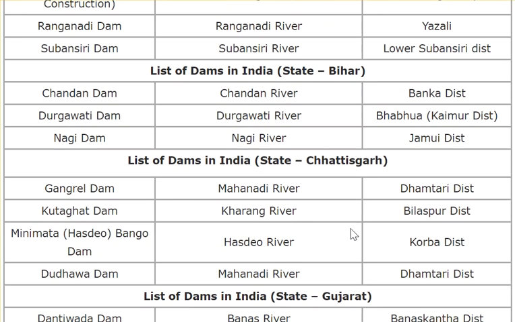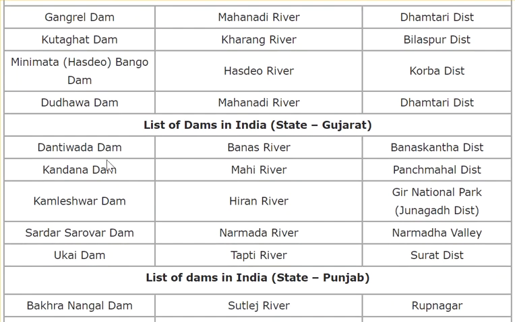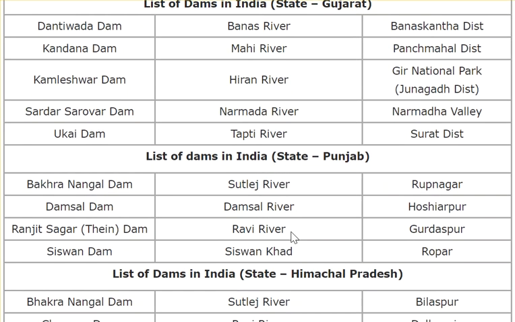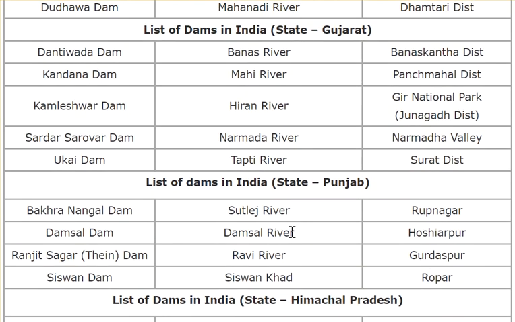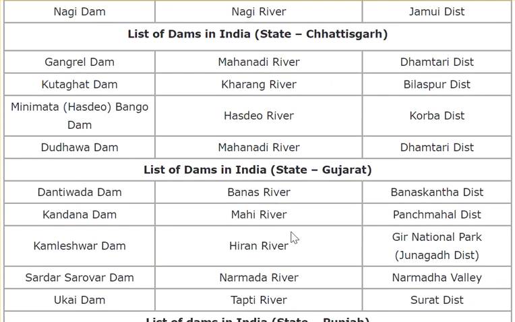Thereafter Chhattisgarh: Gangarel, Kutaghat, Minimata Bango, and Dudhava. Thereafter Gujarat: Dantiwada, Kadana, Kamaleshwar, Sardar Sarovar, Ukai. And one more thing, if I am very fast, you have to pause the video and take a screenshot.